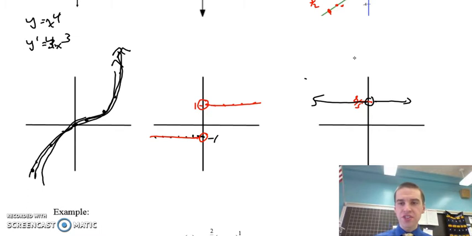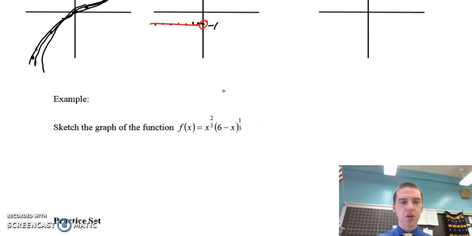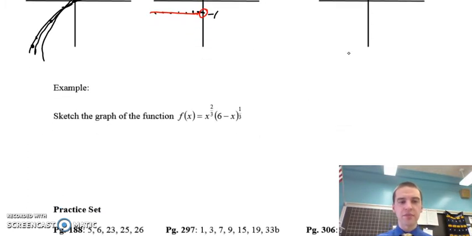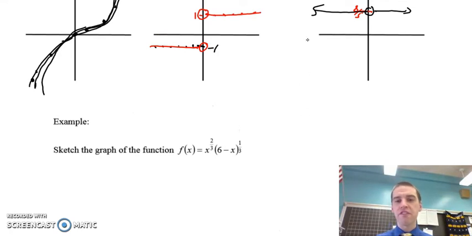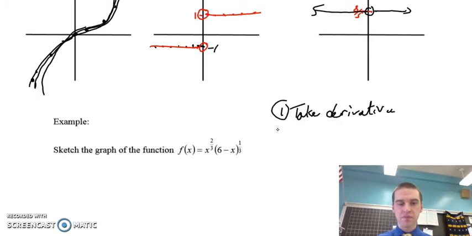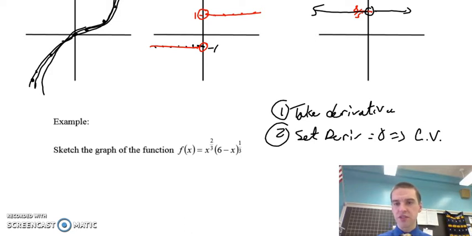So, just to recap a little bit, we're not going to do this one. When you are finding max or mins, 1, take the derivative. 2, set the derivative equal to 0. What does this do? This gives us our critical values.